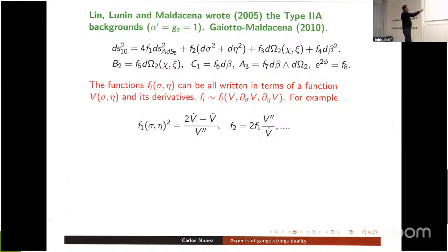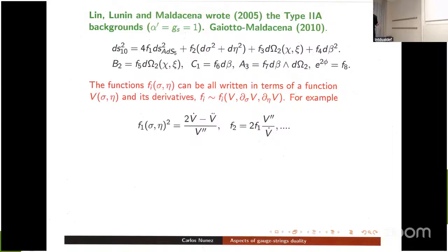Now, these functions, F1 up to F8, can in principle be determined by imposing that the system preserves 8 Poincare supersymmetries, or N equals 2 supersymmetry. So you run the BPS equations, and what you find is that they are quite complicated. They are 8 first-order nonlinear coupled partial differential equations.